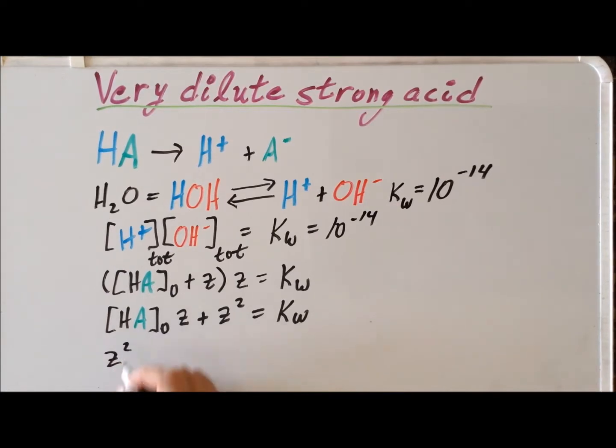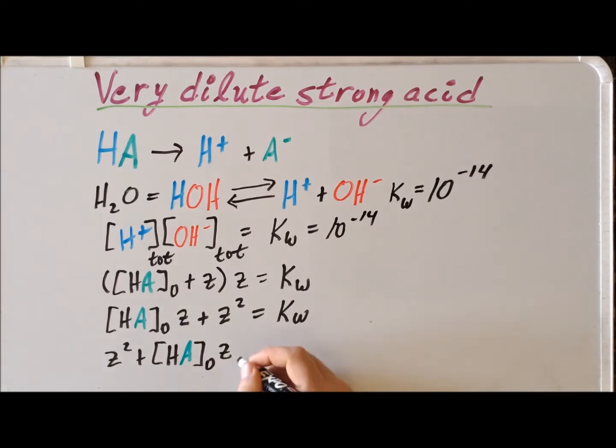So we have z squared plus the concentration of HA times z minus kW is equal to 0. And we notice immediately that we have a quadratic equation in the variable z.